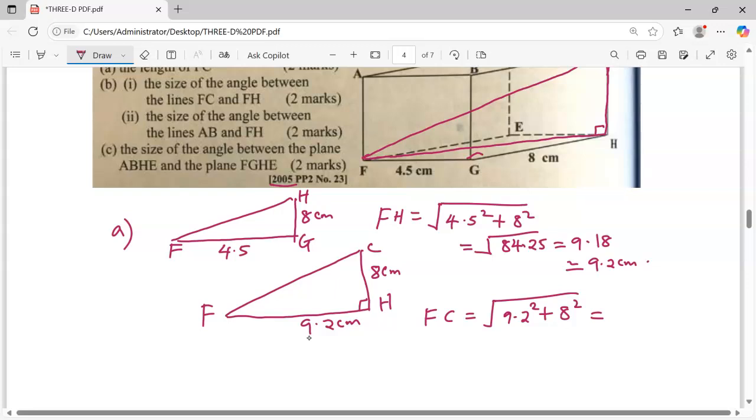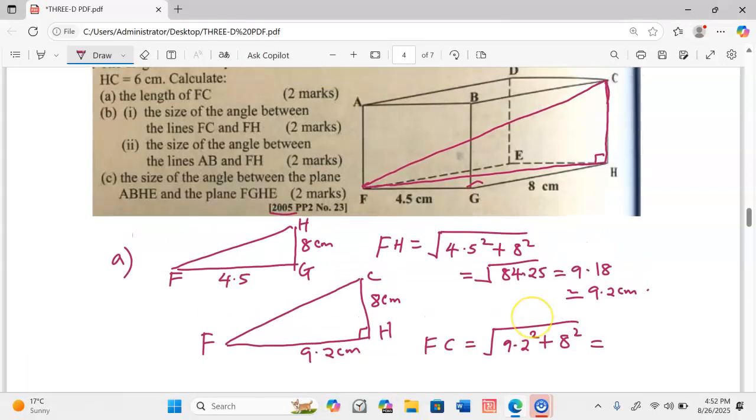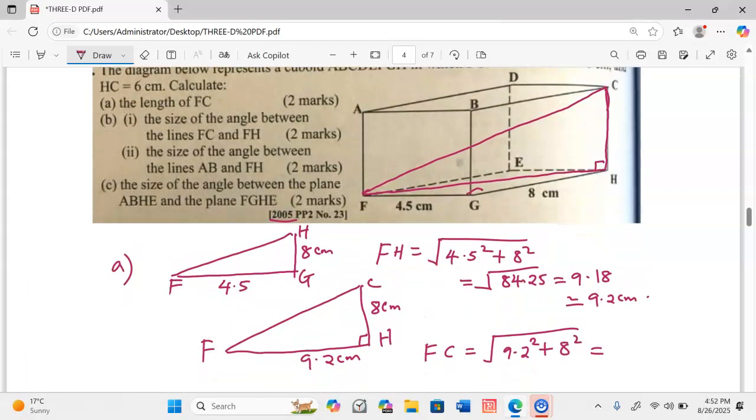This is a mistake. We have C coming back to H as 6 centimeters. So this one is 6 centimeters here, so we are going to have 6 squared.